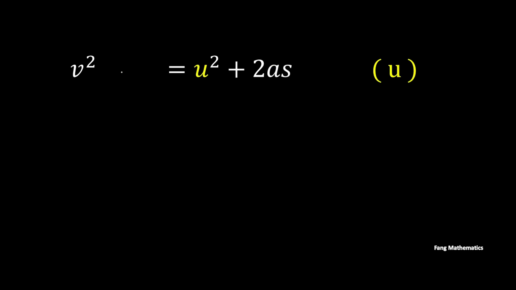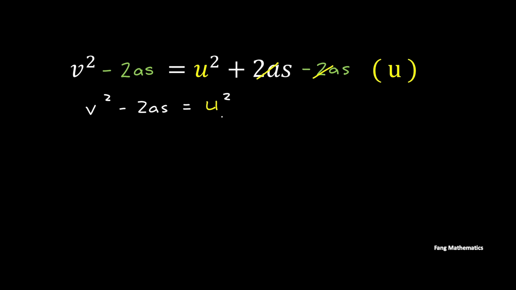I'm going to minus 2as on both sides to remove the 2as. And I believe on the left, you have v squared minus 2as. On the right, the 2as gets eliminated with minus 2as, leaving you u squared.